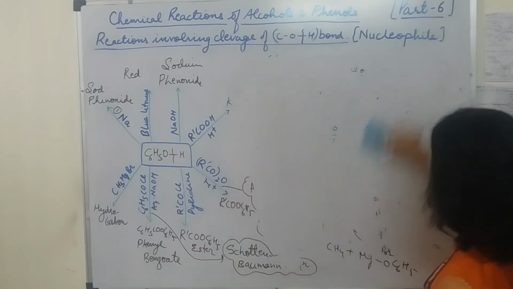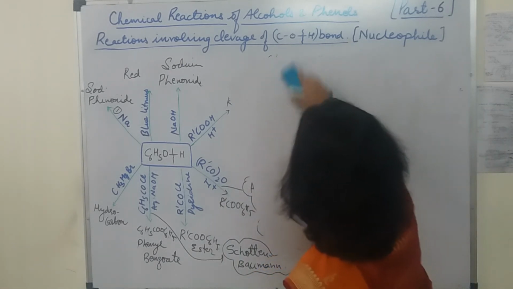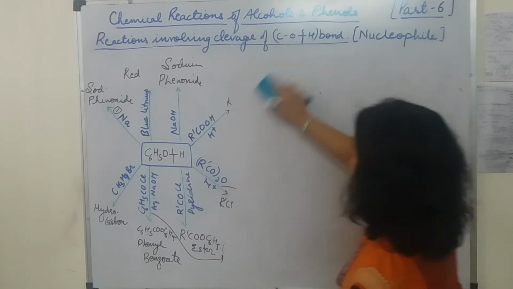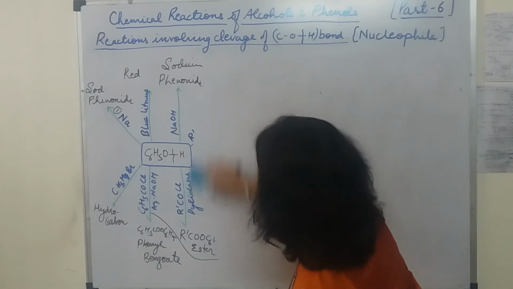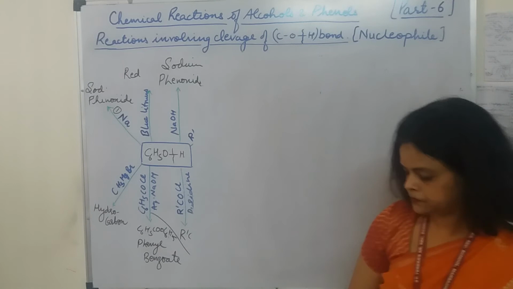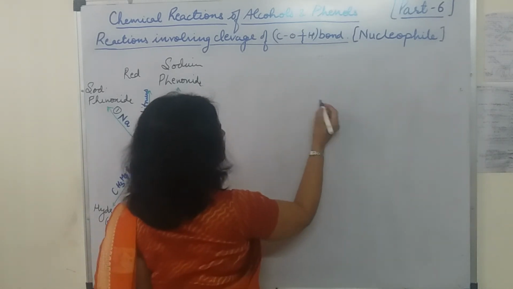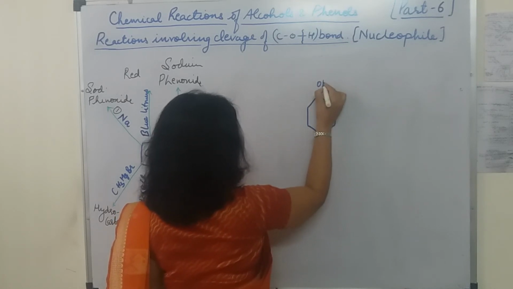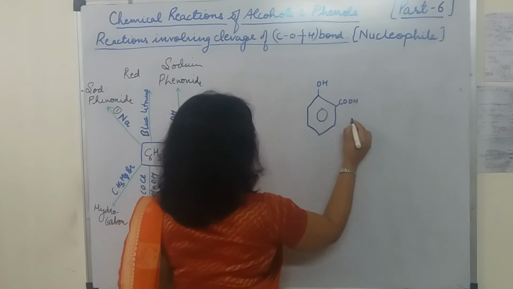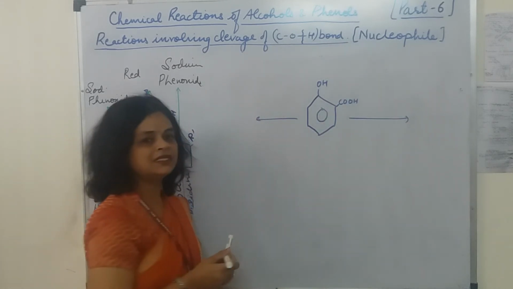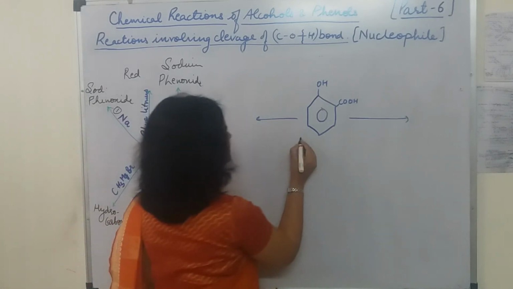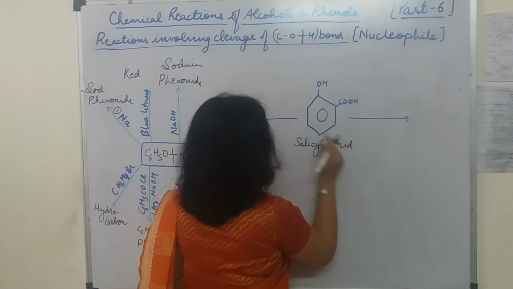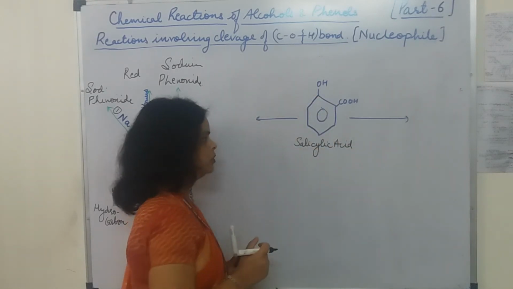I am rubbing this out so that we can draw properly the structures of the different compounds formed. Okay. This is our salicylic acid, when OH and COOH groups are present at the ortho position.